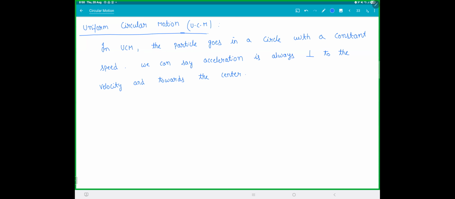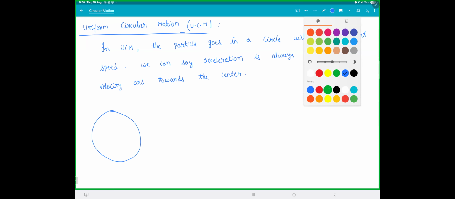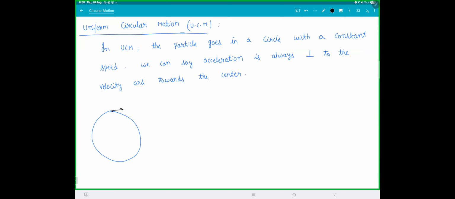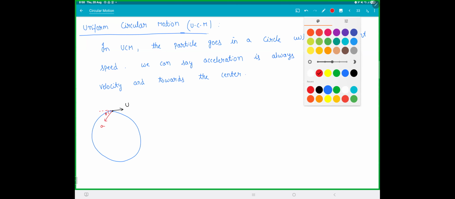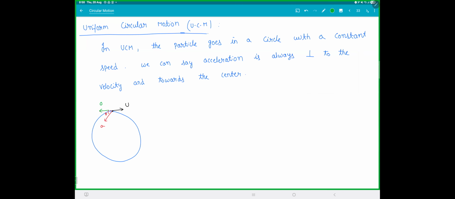Because see, this is how we can conclude this. So when this particle is going in a circle, let's say this is your velocity u. One possibility: let's say acceleration is making an obtuse angle, a is like this. Then what will happen? The components will be a cos theta and a sin theta.